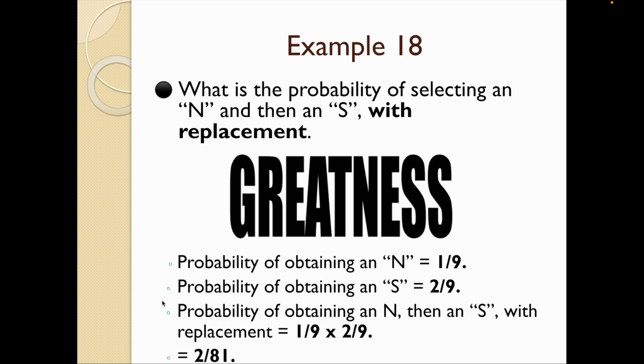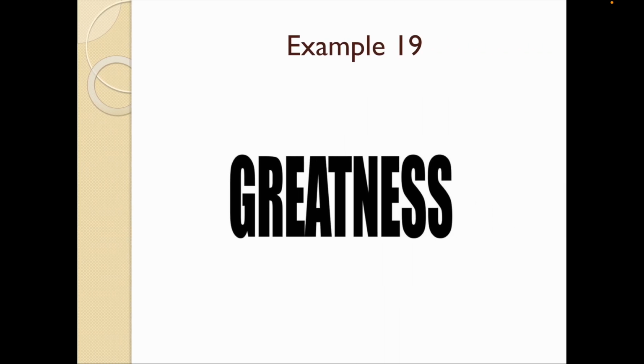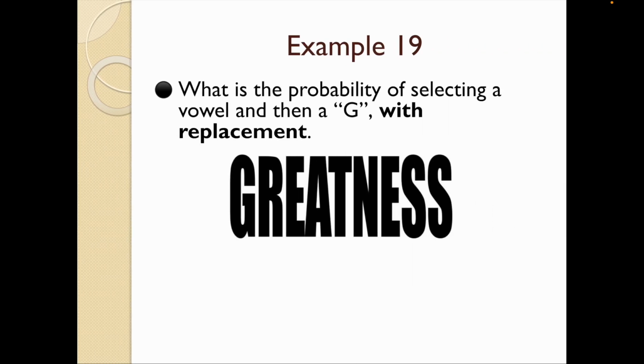So you follow the example we did here? Yeah. Okay, good. Next one again. What is the probability of selecting a vowel? You know what vowels are? Yeah. Good. So what is the probability of selecting a vowel and then a G with replacement?